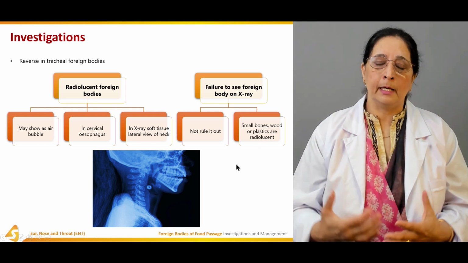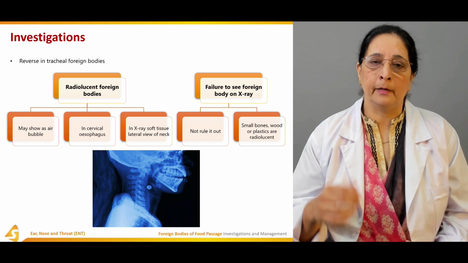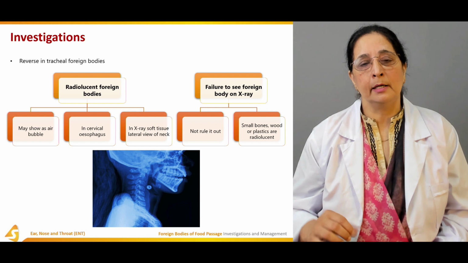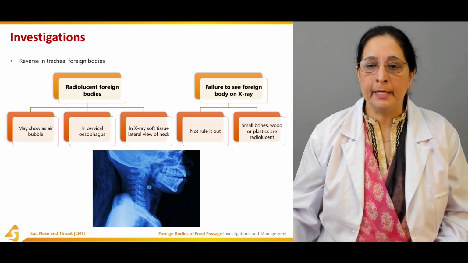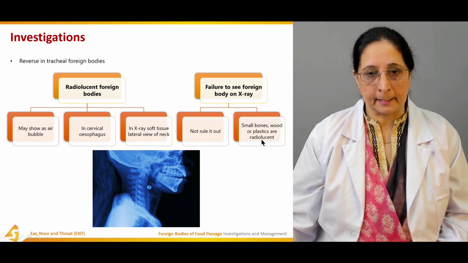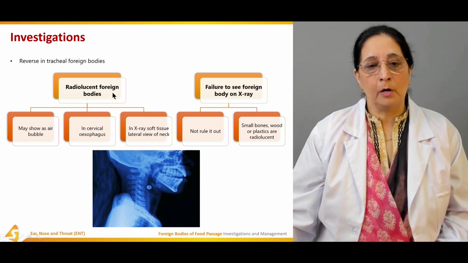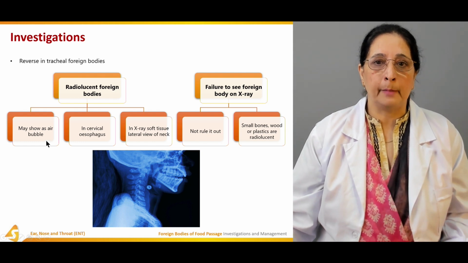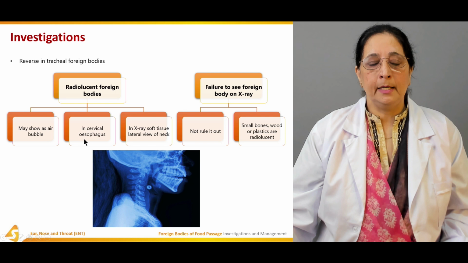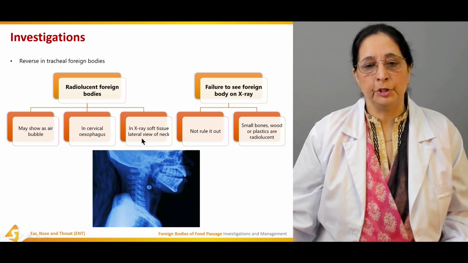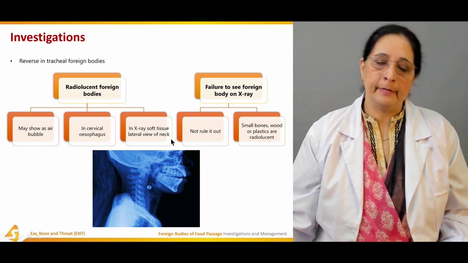Maybe it is too small or located at a site where it's not visible, or it may be radiolucent like bone or plastic. Radiolucent foreign bodies may appear as an air bubble, maybe in the cervical esophagus, in the X-ray soft tissue lateral view of the neck.